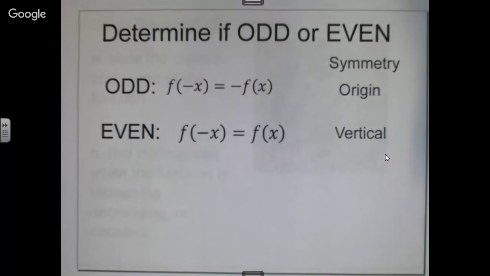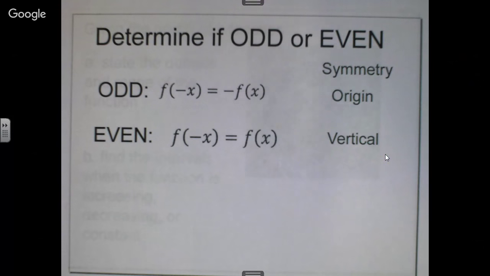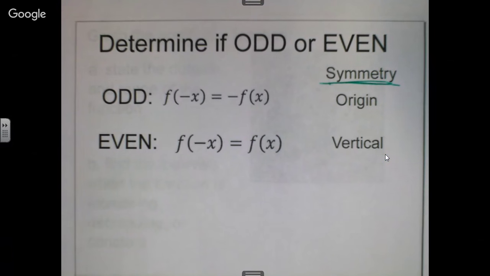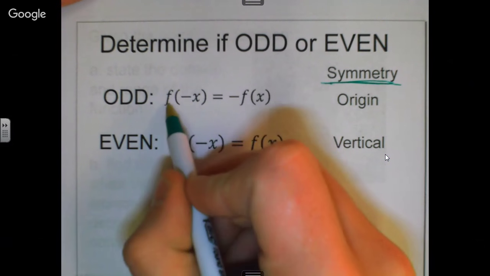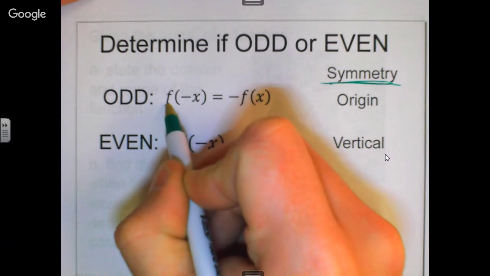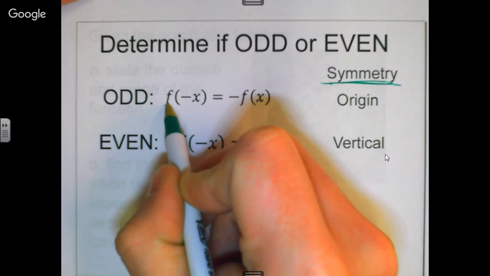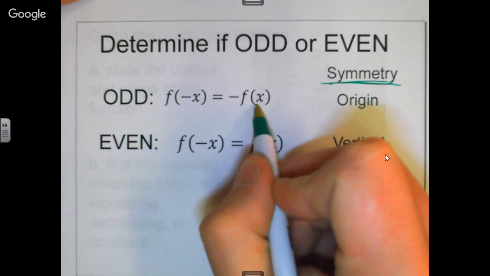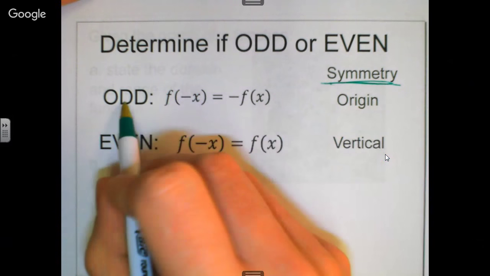Okay, so how to determine if a function is odd, even, or neither. This goes back to our symmetry lesson: x-axis, y-axis, or origin symmetry. If I take f of negative x, plugging negative x back into the f function, and after I work that out I get the opposite of what I started with, negative f of x, that tells me it's an odd function.